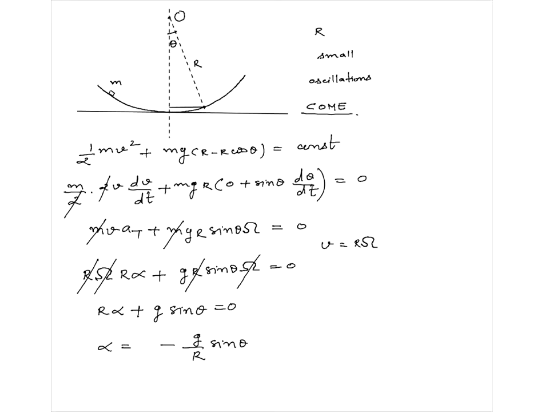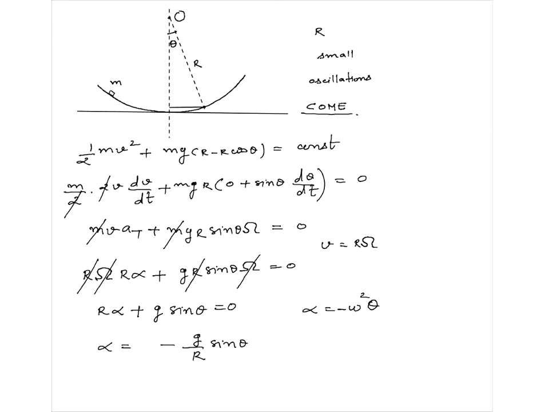What is the condition for angular SHM? Alpha should be minus omega square theta. This omega is of angular frequency. Clearly, this is not SHM. And that is why in the question, it is mentioned small oscillations.